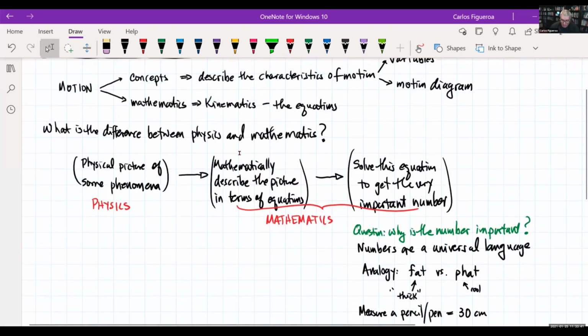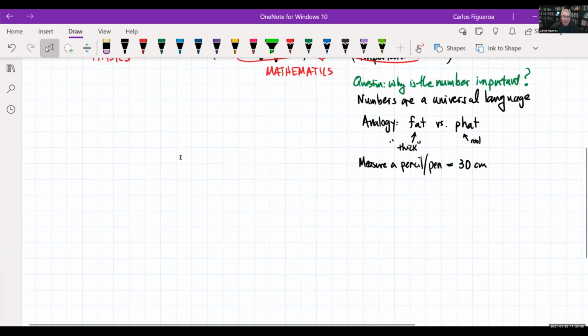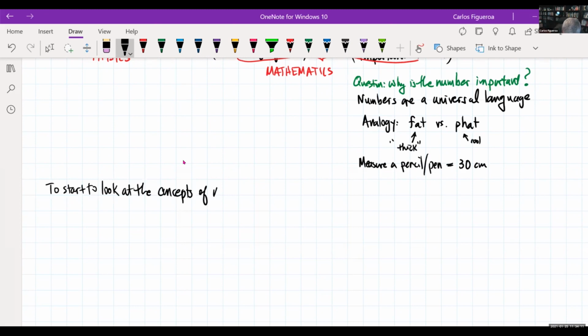Okay, so what we're going to do here, in chapter 1, we're going to look at the concepts of motion. In chapter 2, we're going to look at the mathematics. In order to start to look at the concepts of motion, let's make some simplifications.